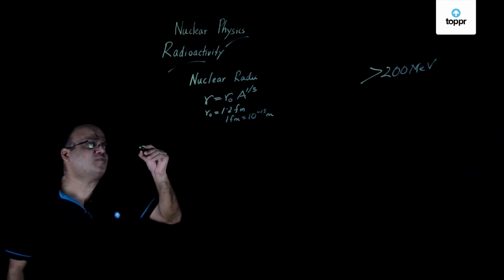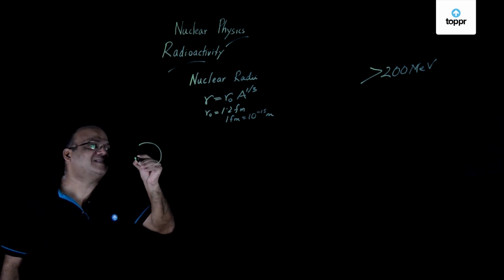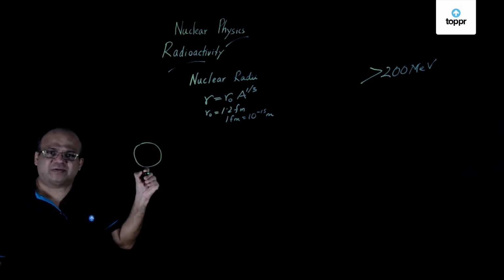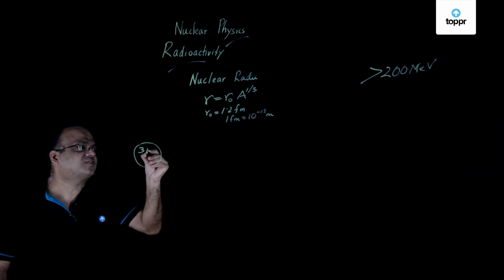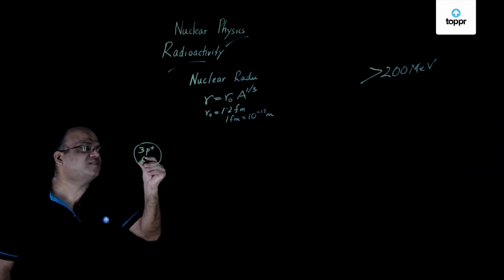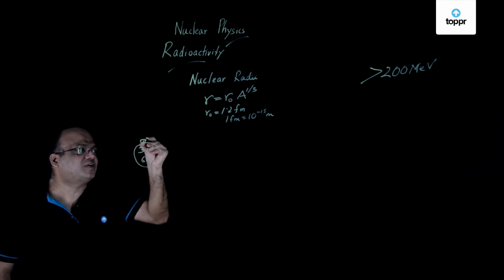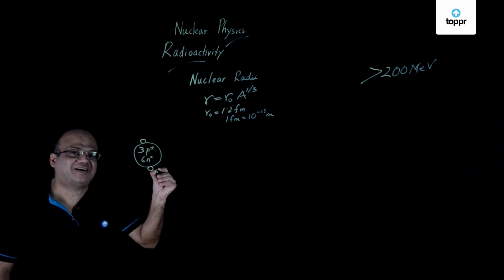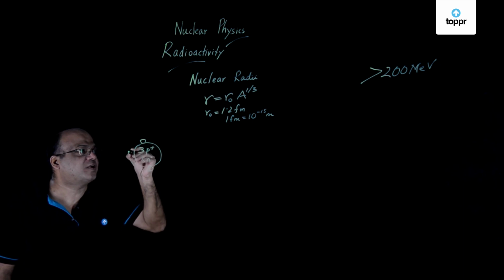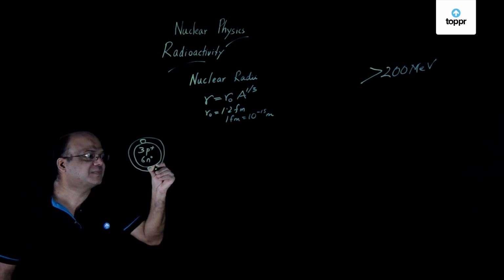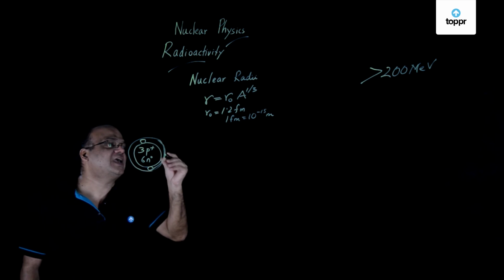Because of so many neutrons, in the nucleus of lithium 11 there will be 3 protons and 6 neutrons sitting inside, and 2 extra neutrons. They form a halo around the nucleus. That's why these are called halo nuclides.